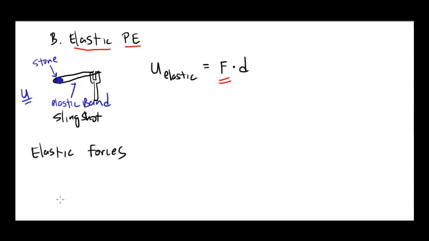To think about elastic forces, I'm going to think about a different example. We'll come back to our slingshot in a minute, but I'm going to imagine that I've got the ground here, and I've got this spring, and on the end of the spring I have a weight, some sort of a mass.